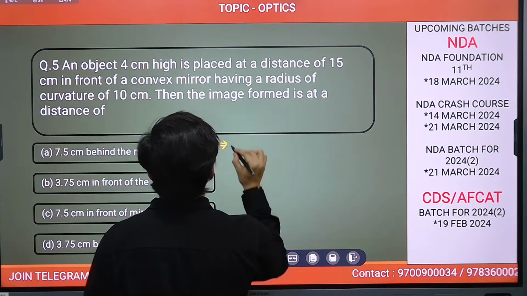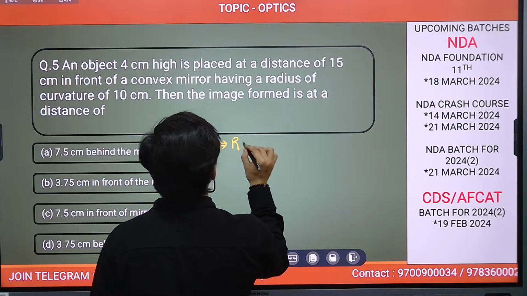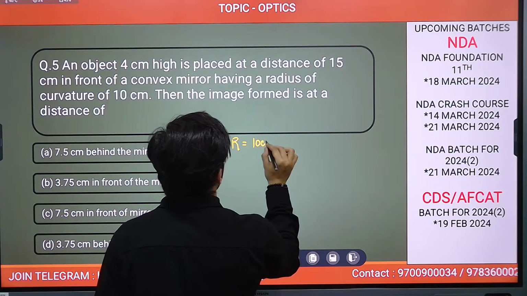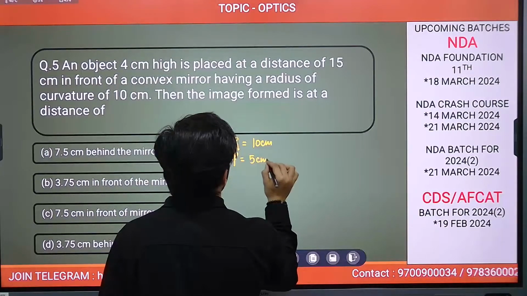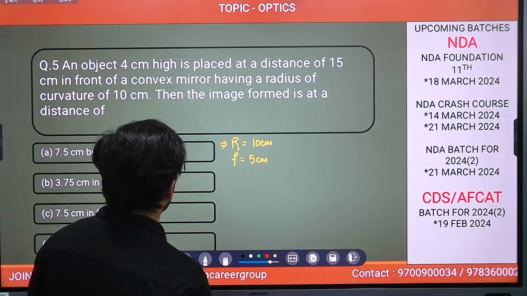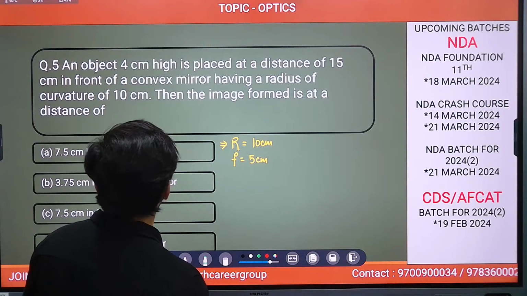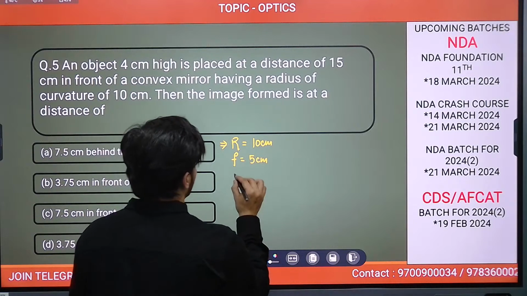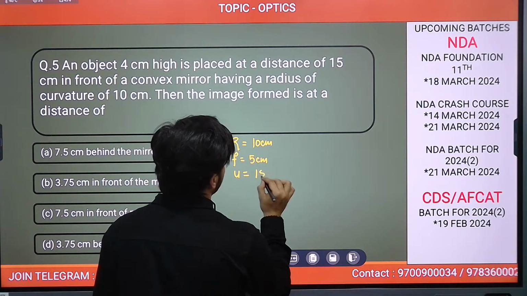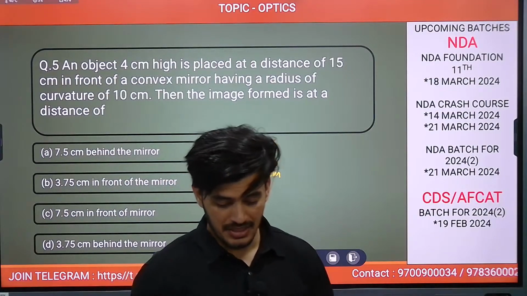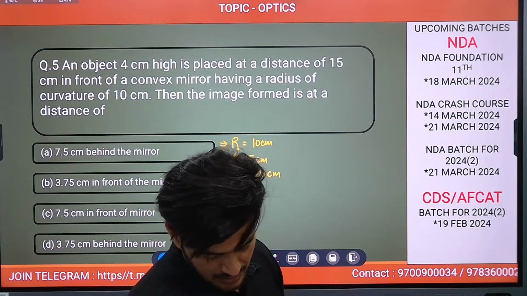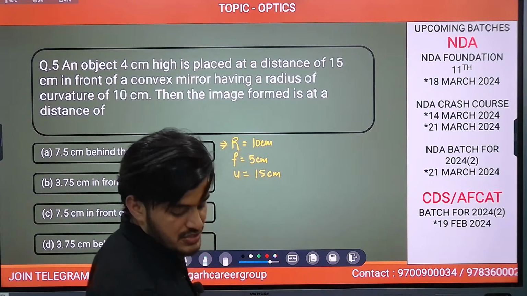Number one is R. The mirror is convex, so it will be positive 10 centimeter, which implies focal length will be 5 centimeter. Next thing is object distance U. U is 15 centimeter and we have to find out the image distance.